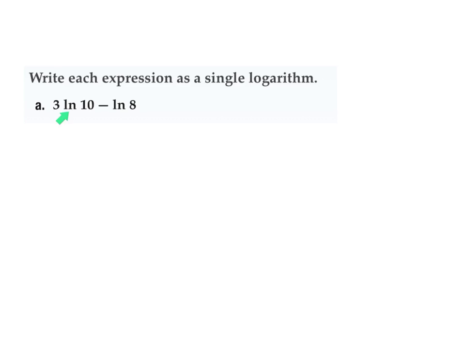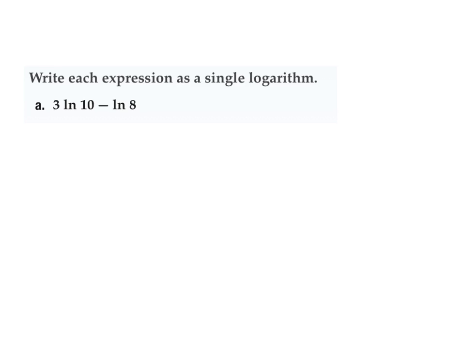In this case, we have multiple logarithms, and we're going to go the opposite direction. We're going to try to condense it down into one logarithm using our properties. The key here is that the only thing different is that it's the natural log instead of just some other log. The properties work exactly the same.